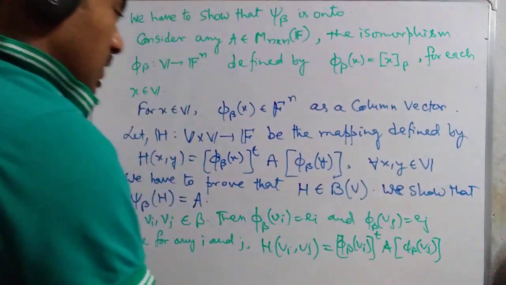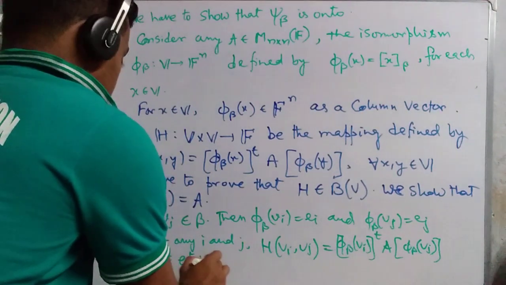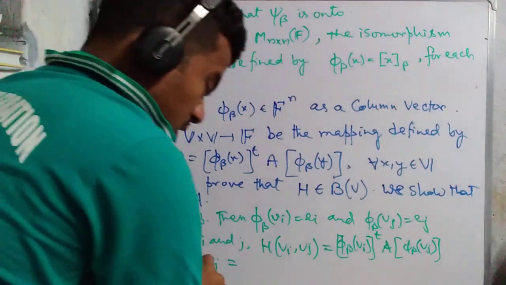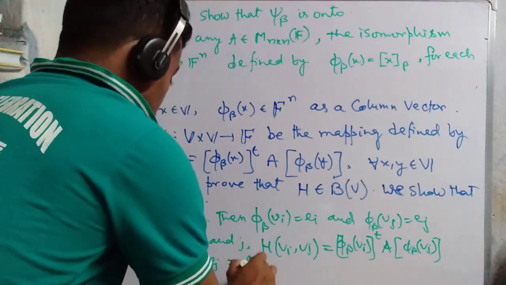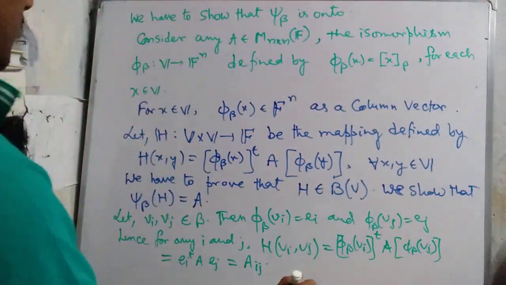Then this equals ei transpose A ej, which equals aij. Understood?